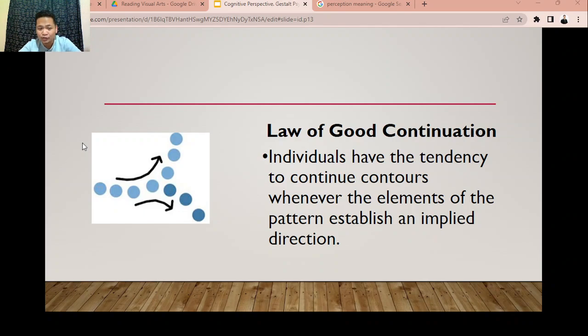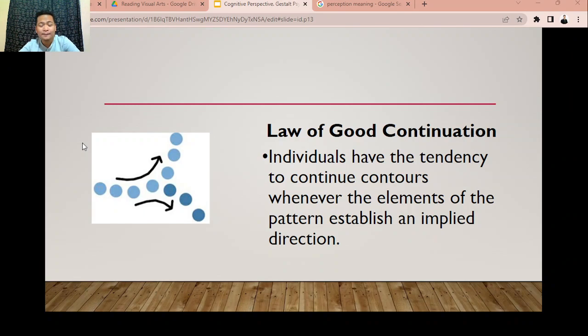So we tend to draw the line, the connection between the lessons. Or we could also try to relate it to some lessons in other subjects. That's also law of continuation.